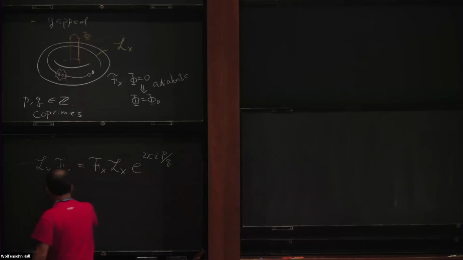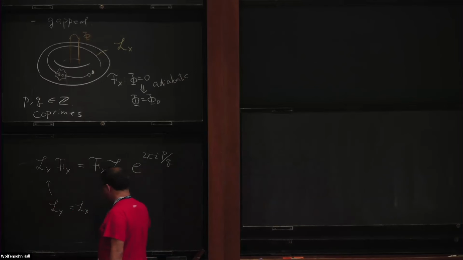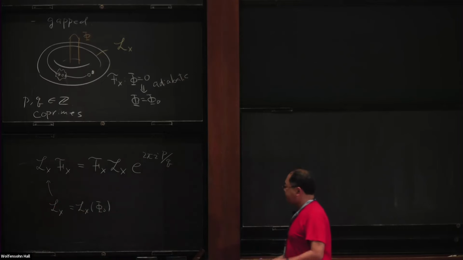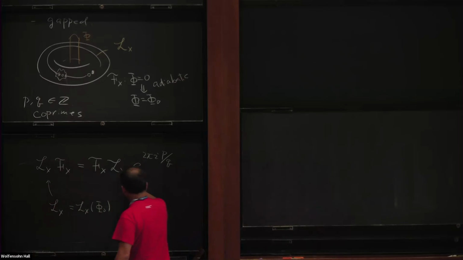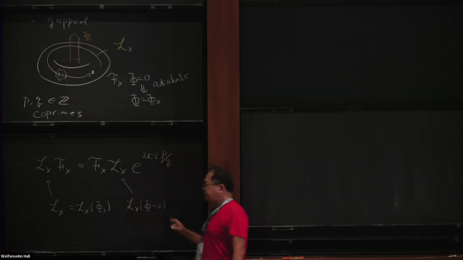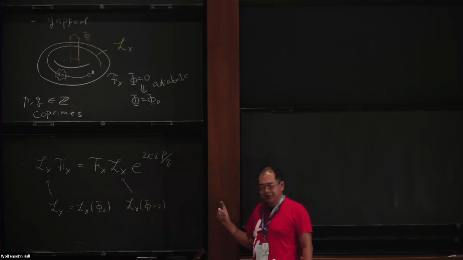So more precisely, this Lx is some operation done with the background magnetic flux or background gauge field. And this is the same operation, but done in the absence of background vector potential.